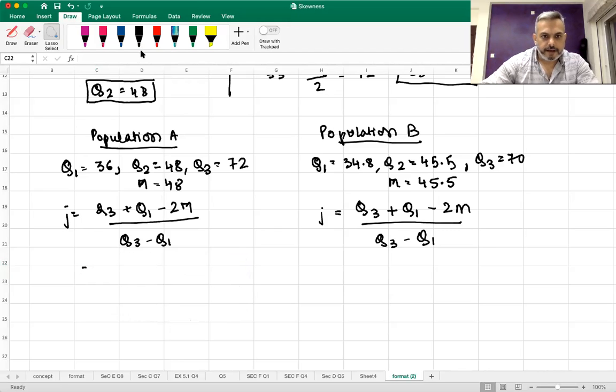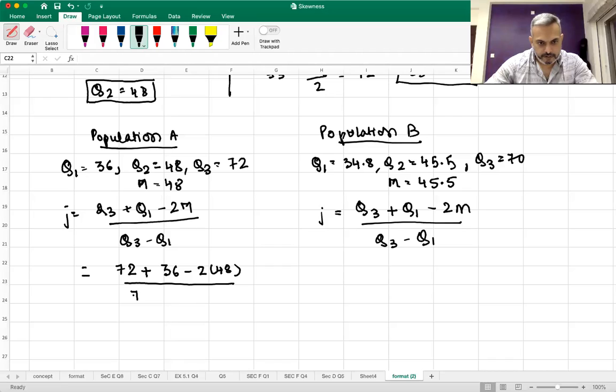I'll write it once again. Q3 is 72 plus Q1 is 36 minus 2M is 2 into 48 upon 72 minus 36.